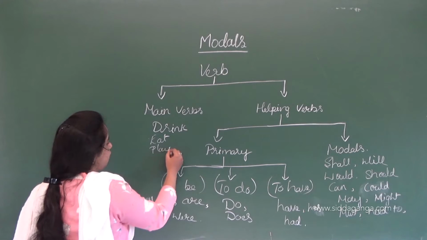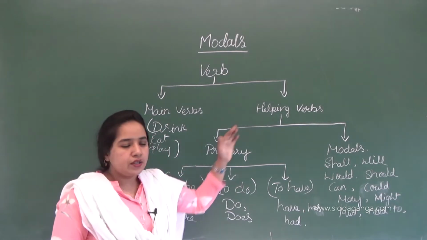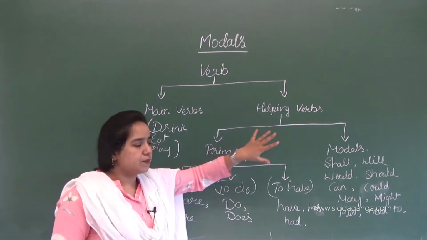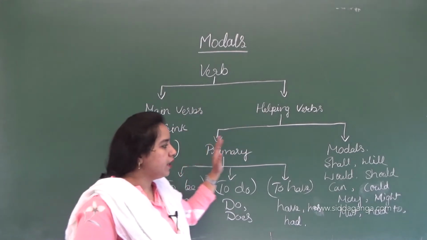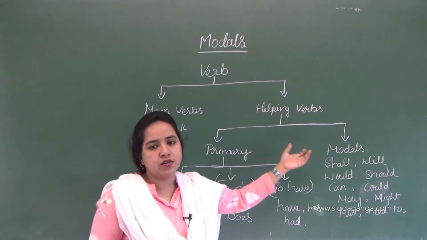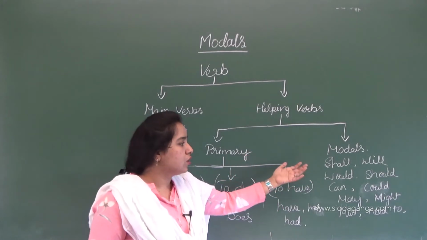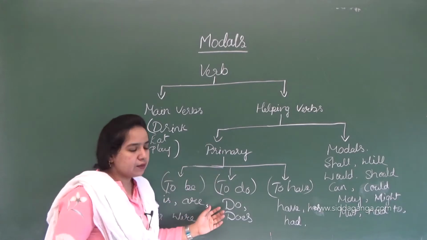These are called action verbs, so there is no doubt in this. In helping verbs, again it is divided into primary and secondary verbs, and you may also call the secondary ones modals. Let us see primary verbs here.